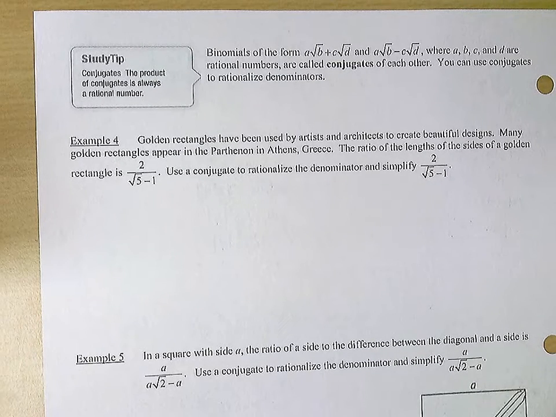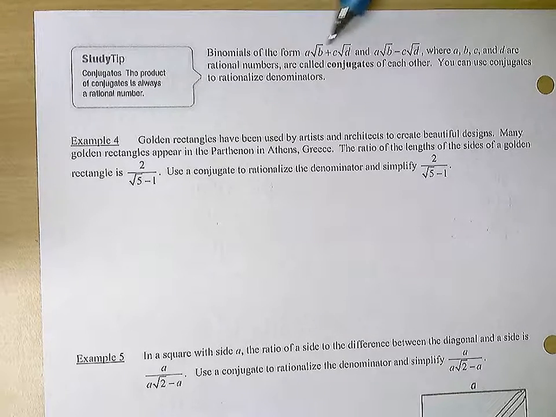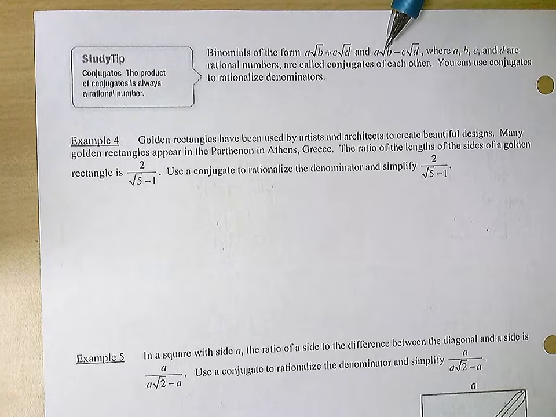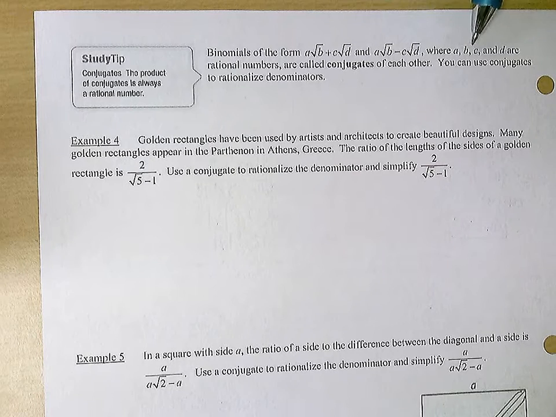So we're going to talk about conjugates. So binomials of the form a times the square root of b plus c times the square root of d, and a times the square root of b minus c times the square root of d, where a, b, c, and d are rational numbers, are called conjugates of each other.